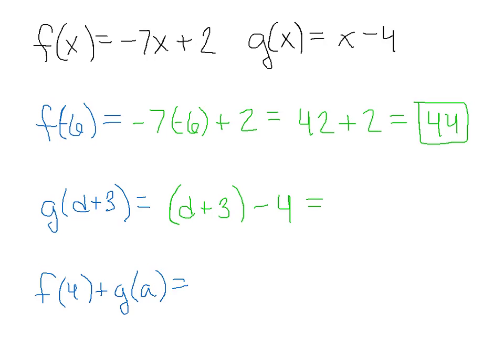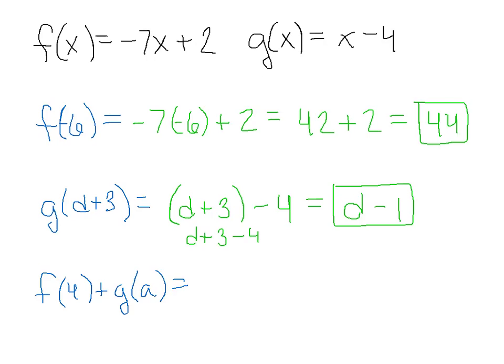So we simplify our like terms. This is the same thing as just d plus 3 without parentheses minus 4. So once we combine our like terms, we get d minus 1 or d plus negative 1. This ends up being our answer to g of d plus 3.